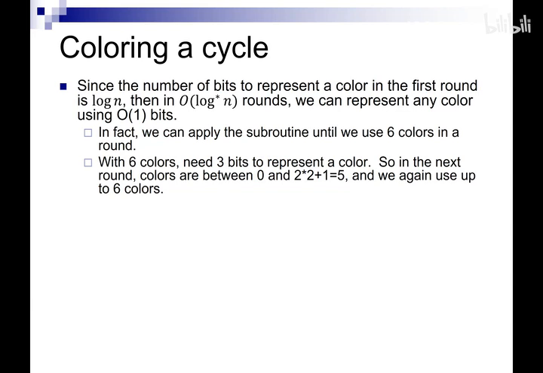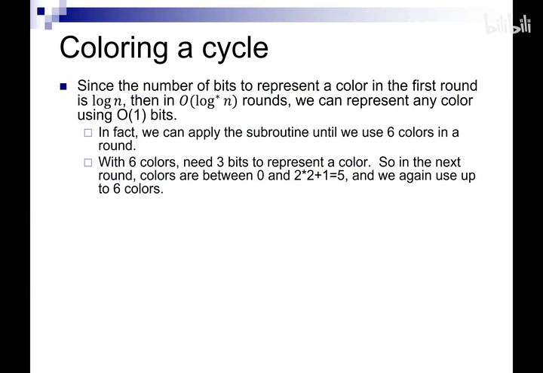So initially we start with log n bits to represent the colors, and if you keep taking logs, because each round you reduce the number of colors you need by this log, then in log star n number of rounds, we're going to be able to represent any color using a constant number of bits. And so this is why this algorithm is going to terminate after log star n number of rounds.